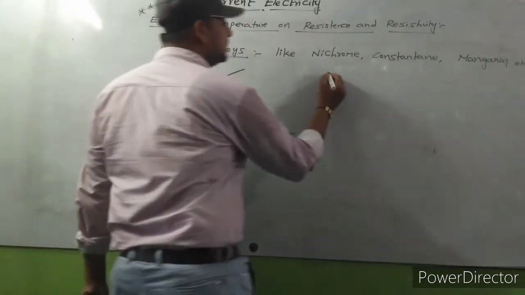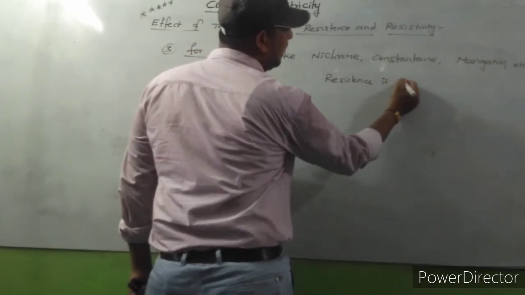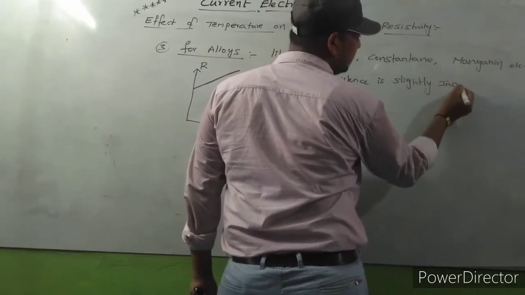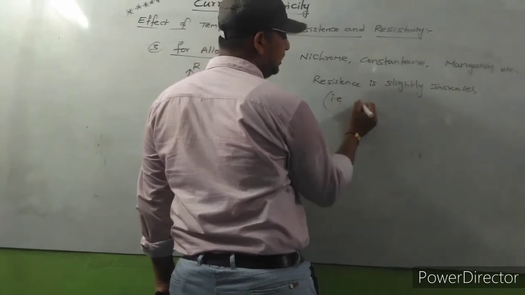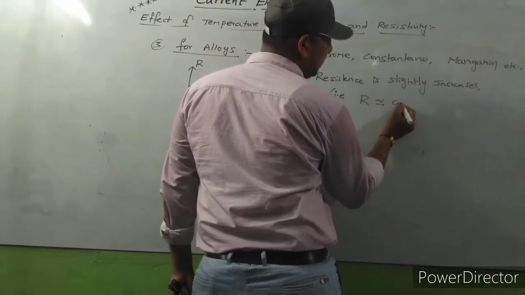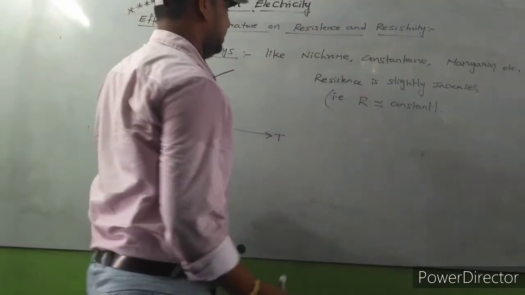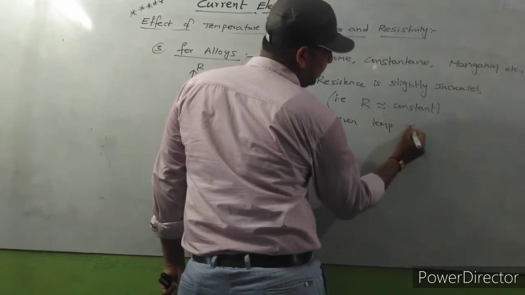So almost our resistance slightly increases. That means it is nearly constant. Resistance is nearly constant even if temperature increases.